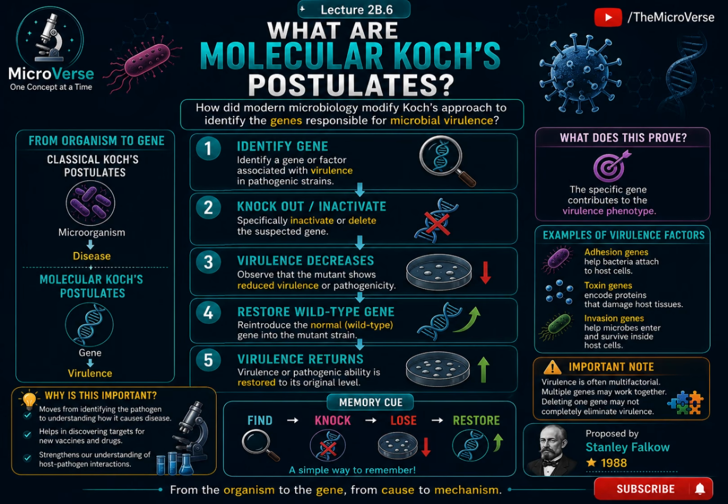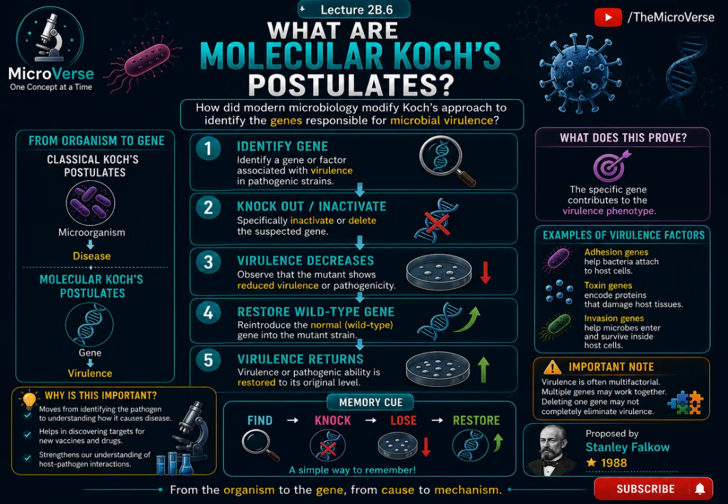For example, suppose a bacterial strain possesses a particular factor that helps it adhere to host cells. If that factor is associated with the pathogenic strain, it becomes a candidate virulence factor. So the first step is essential: identify the suspected virulence trait.